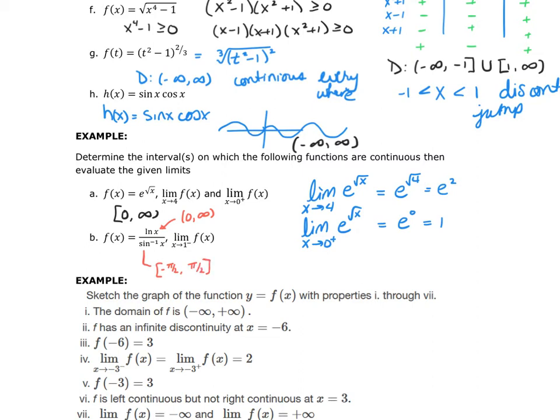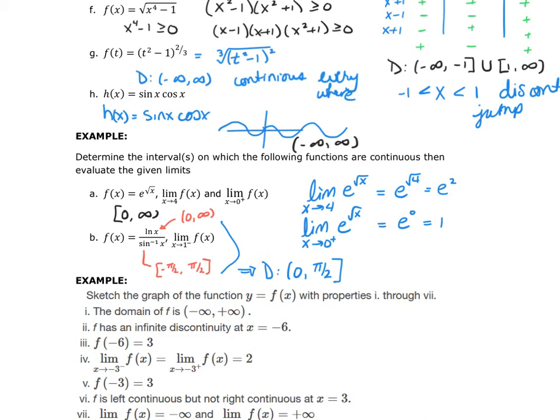Now let's combine these together and ask what the domain of f of x is. At the very minimum, it has to be greater than 0, non-inclusive. So it is going to be from 0 to pi/2 inclusive. That is the domain of my function.